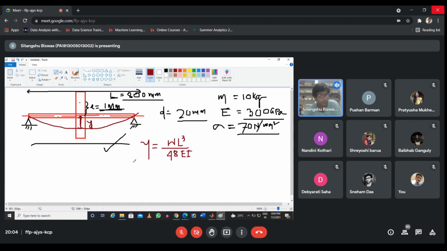Here W is the weight, that is mg. The total mass is given, it is 10 kg, so you can find mg. Then L is given, 800 mm.